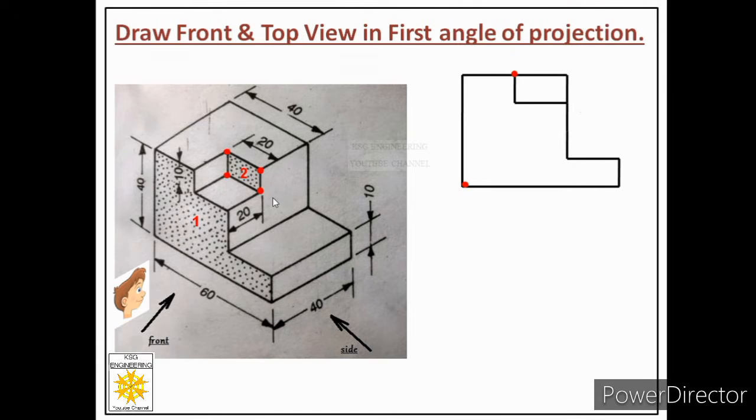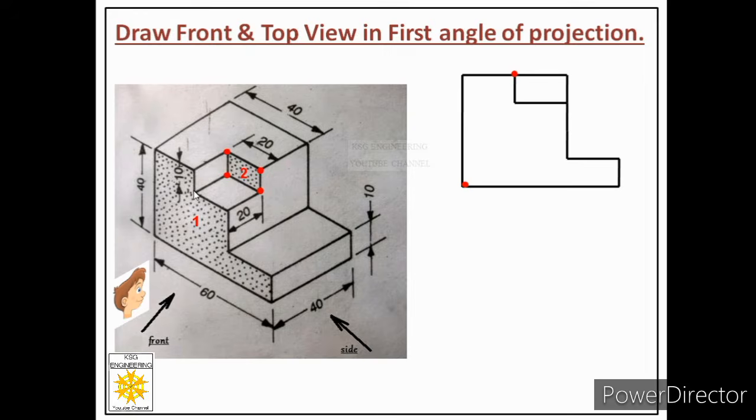Now you can see over here that this edge of phase 2 is exactly behind this edge of phase 1. We can say this edge of phase 2 is covered by this edge of phase 1. So no need to draw this. It is already there in the drawing of phase 1. Similarly, this edge of phase 2 is exactly behind this edge of phase 1.